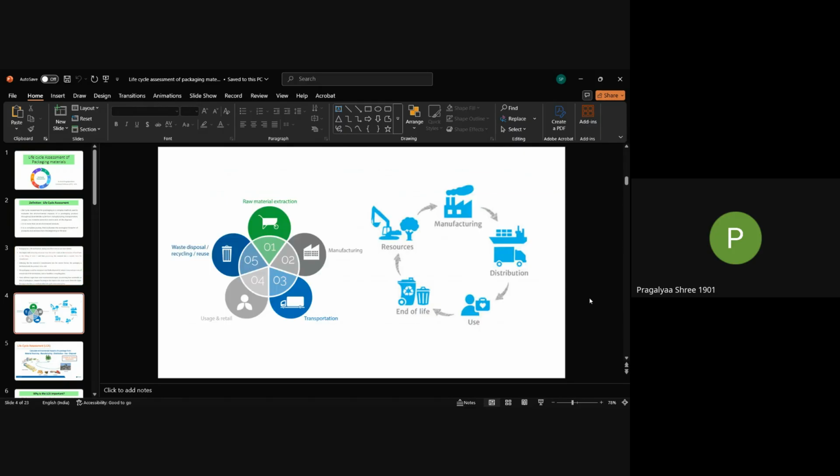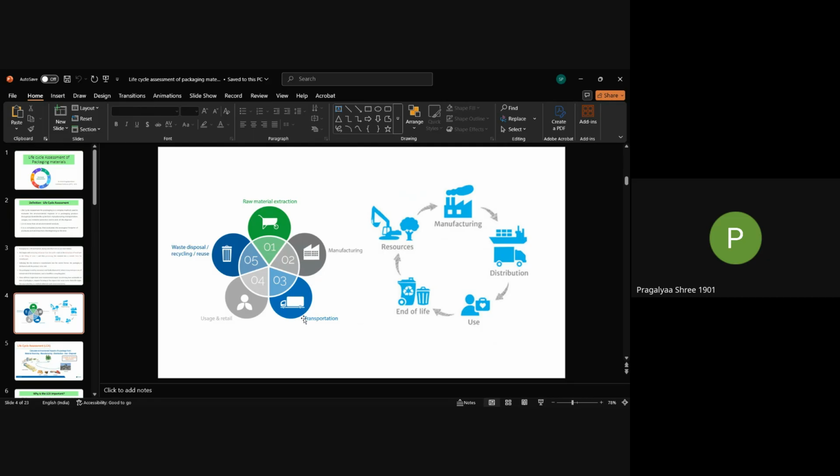So this picture depicts starting from extraction of raw material and then the disposal stage. First is the raw material. The raw material may be a fossil fuel, or it may be a plant-based material. Then it goes to the manufacturing site where it is manufactured.